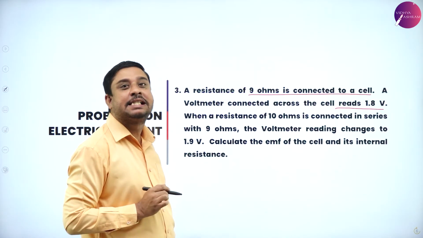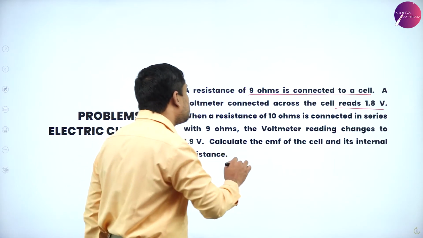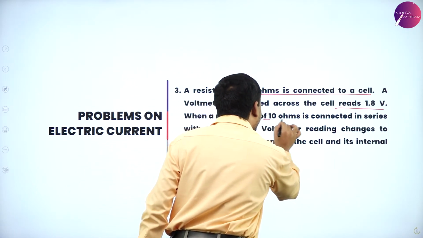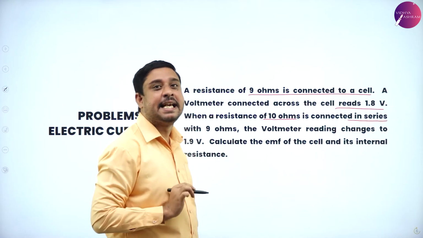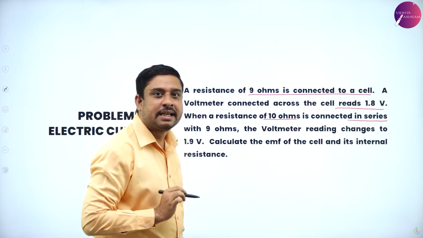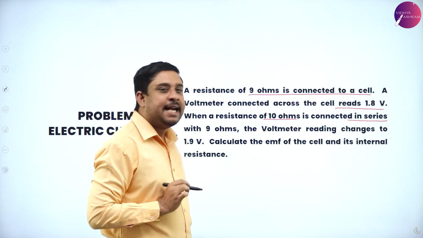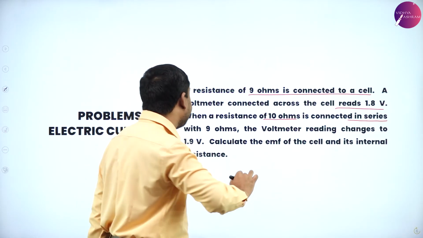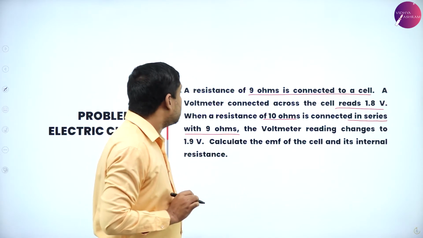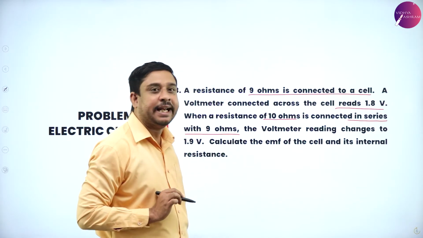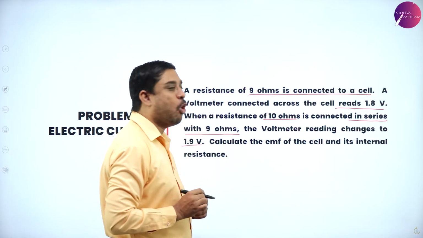Now comes the interesting fact. When a resistance of 10 ohms is connected in series with 9 ohms, the voltmeter reading changes to 1.9 volts.